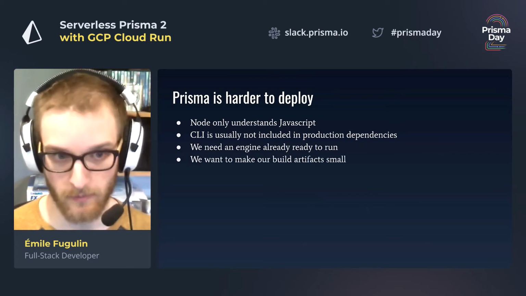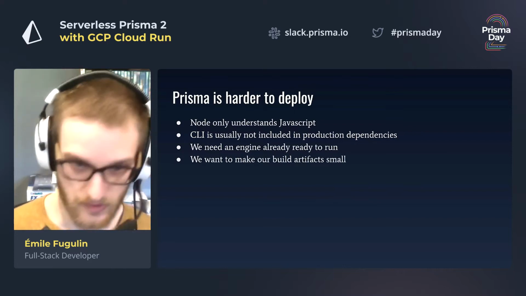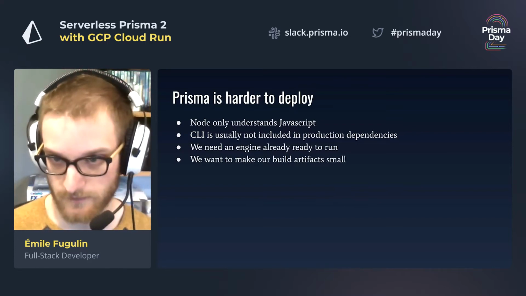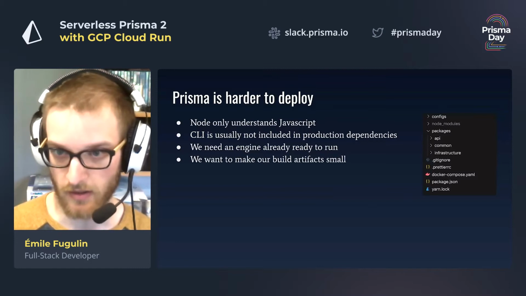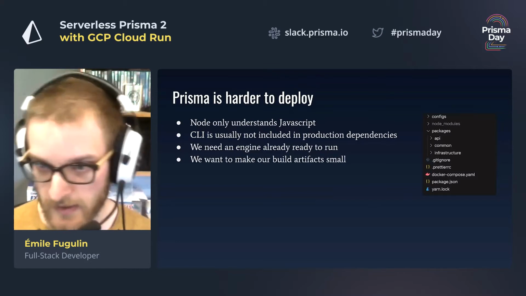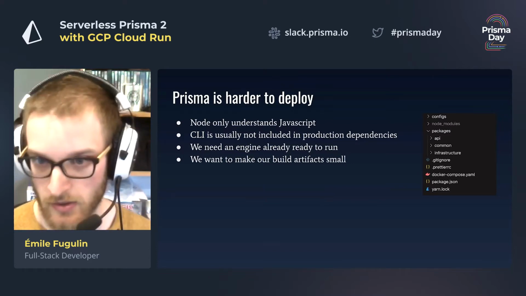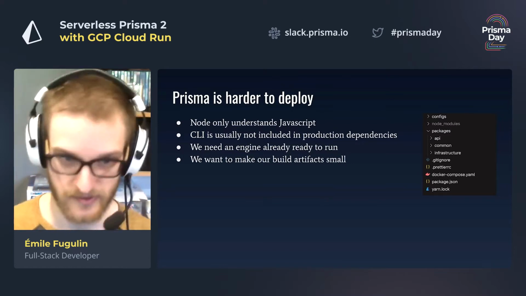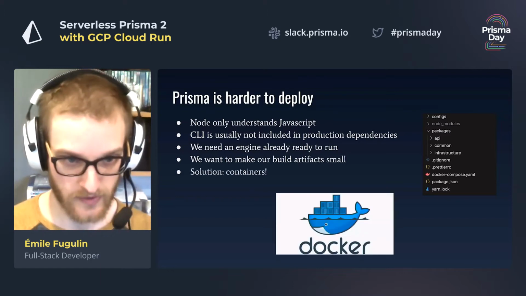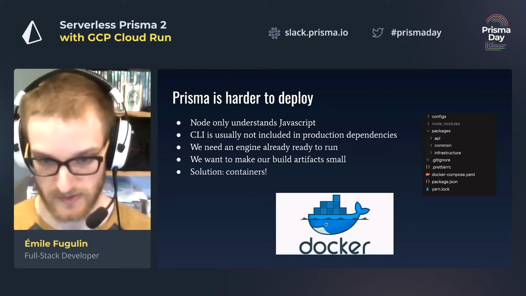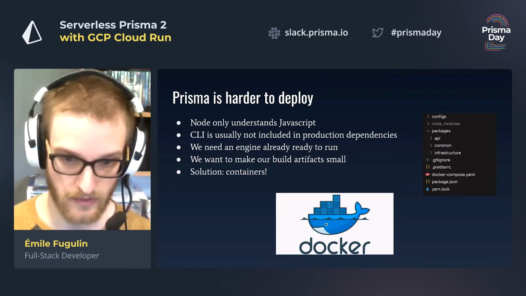And we want to make our build artifacts small, so they're easy to deploy in production. So if you have something like a monorepo with an API package and a common package that is not published to any central repository, you might have a hard time deploying Prisma. And my solution for you today is to use containers, and most specifically the Docker and Dockerfile specification.